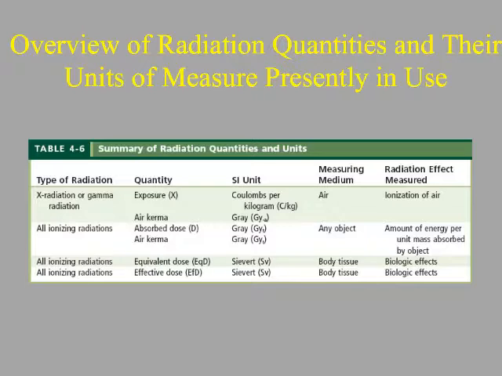And the SI unit for that is a gray in air. So for most of our purposes, we're going to use the gray in air as the measurement of exposure. And the reason for that is it allows us to be a little bit more loose in our definitions. We don't have to worry about scientifically perfect setups because what we're working with is in the hospital. It's not some perfectly defined unit of air somewhere.